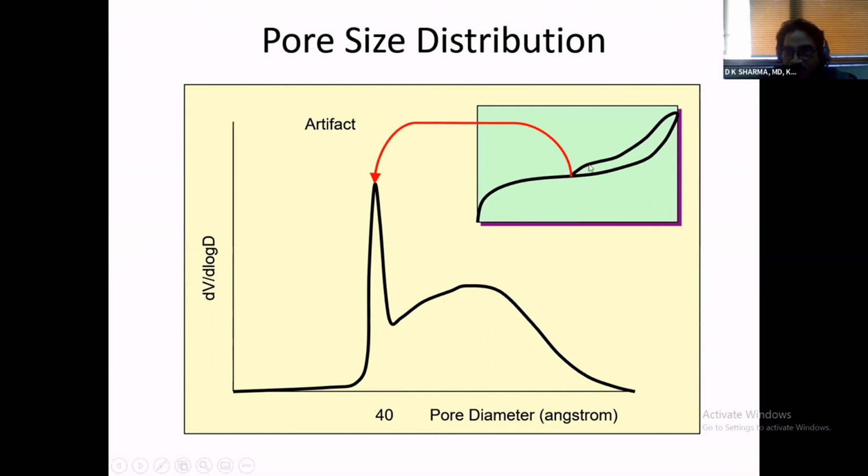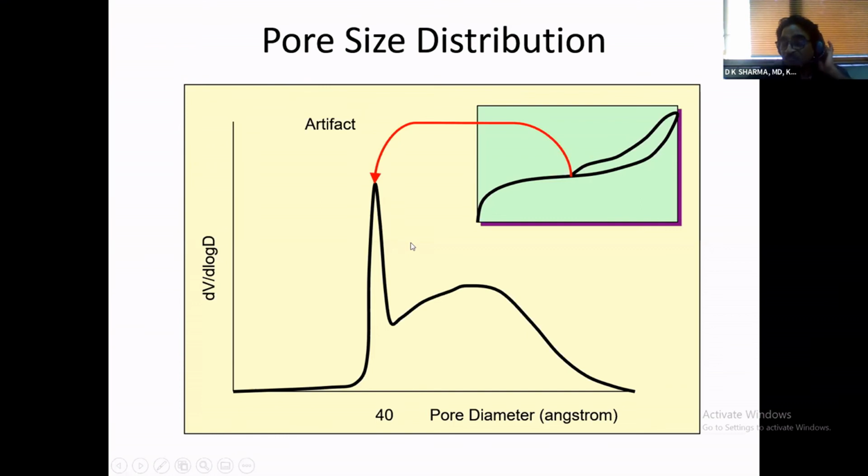Let's say this is your desorption branch. If you are calculating pore size distribution using this branch, then this is what you get. This is your pore size distribution. As I said, no matter which sample, no matter what you do, you will always get a pore at 40 angstrom. You will think that your sample has a pore of 40 angstrom size.